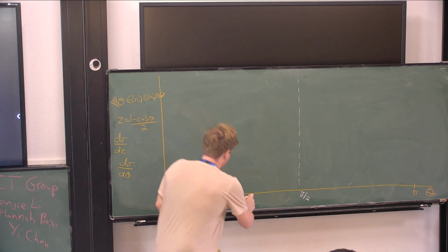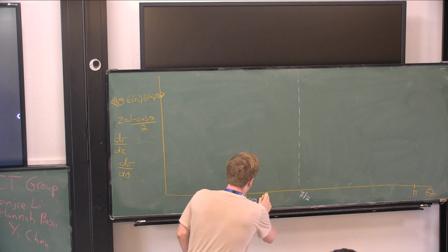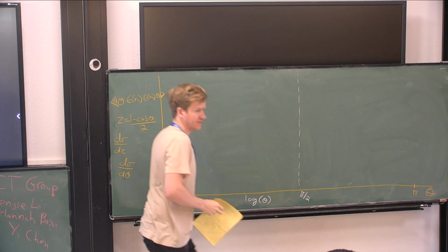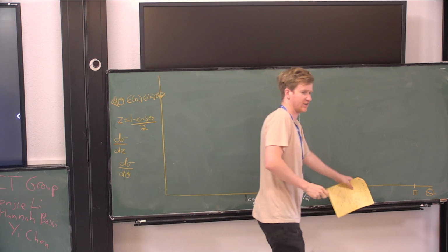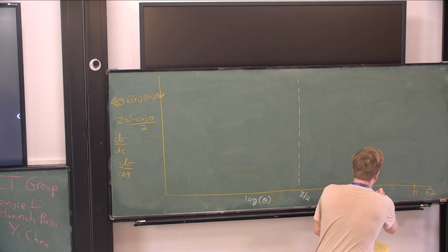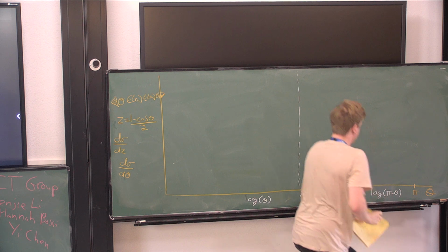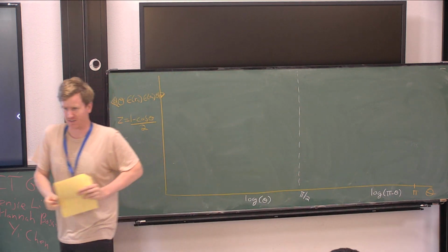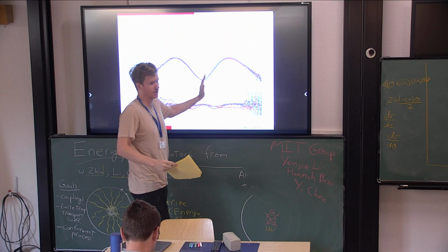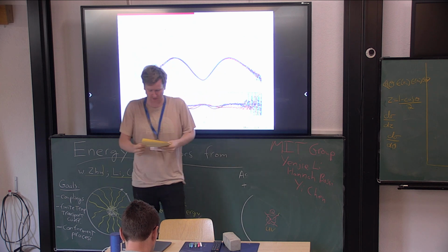On this side, it's in a log scale in the angle, and on this side, it's done in log of pi minus the angle. This allows you to really see the endpoint behavior in extreme detail, which is very nice from these new measurements. And this is where the effects of hadronization are important.